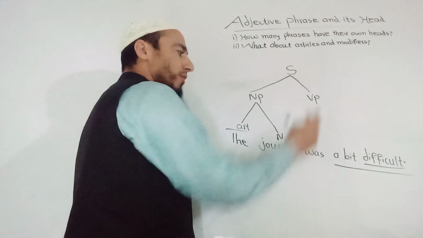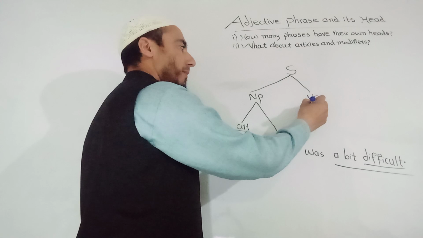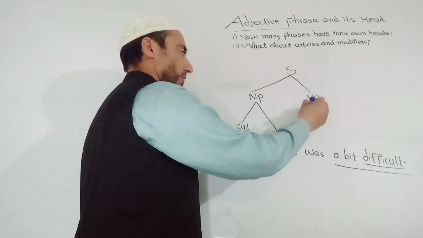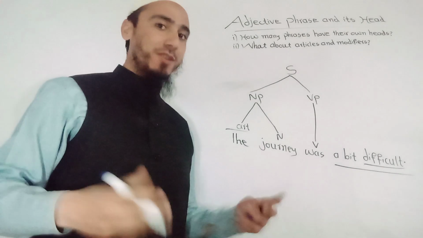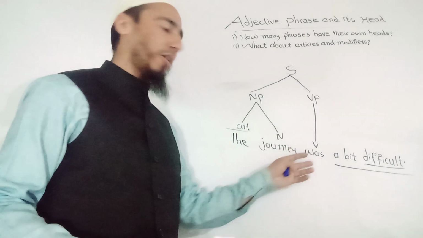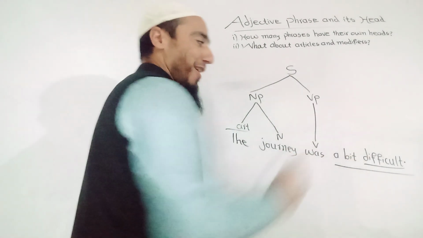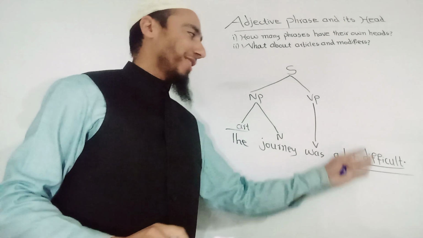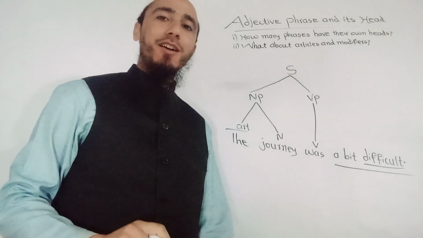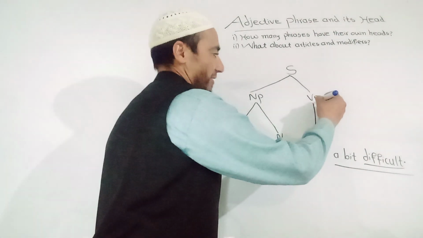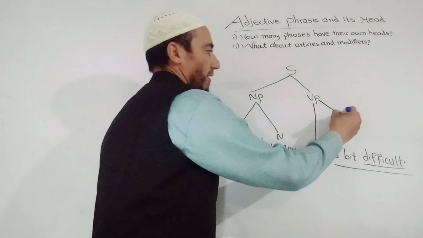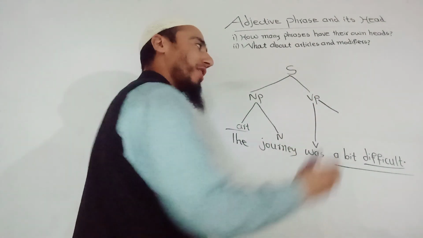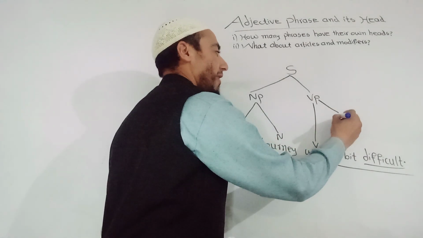Now what is VP here? VP means verb phrase. So here verb is V. You see this is verb. And which type of verb is it? It is linking verb. And now you see this is adjective phrase. A bit difficult. So I am taking from here the string of it. And for adjective phrase we write the symbol AP.